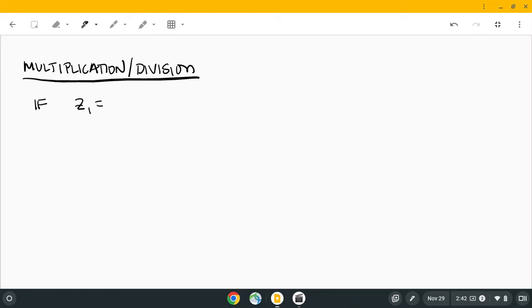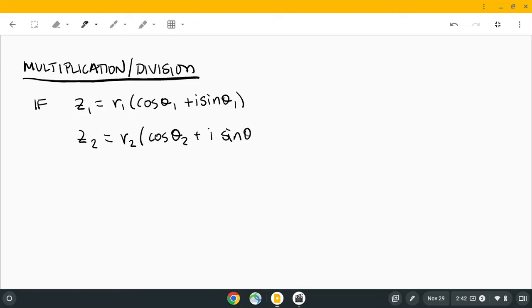So suppose Z1 is this complex number, R1 times cosine theta 1 plus I sine theta 1. Here, that's kind of messy. And let's let the second complex number be R2 cosine theta 2 plus I sine theta 2.